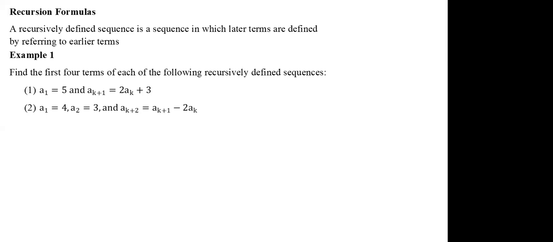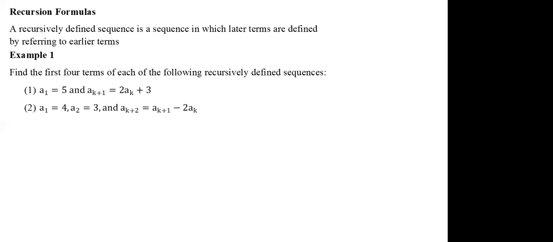Now, if you look at question 1, you are given the first term of a sequence to be 5. And we are given a general term that defines the other terms, that is A(K+1) equals 2AK plus 3. Now, the other term will be a function of the term before it.